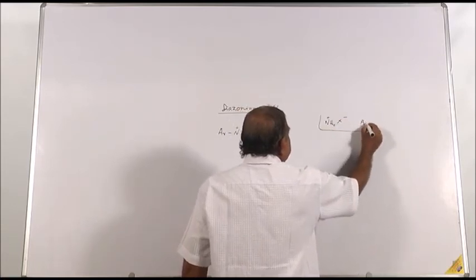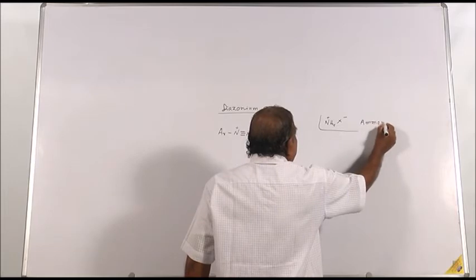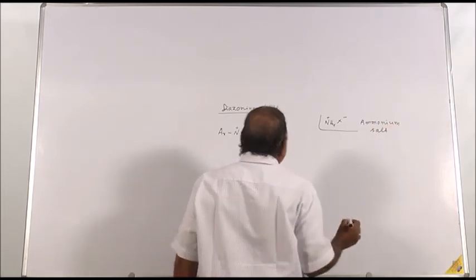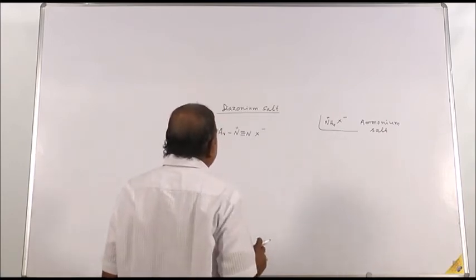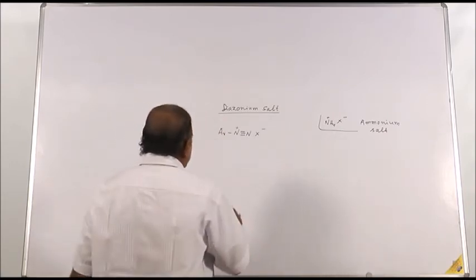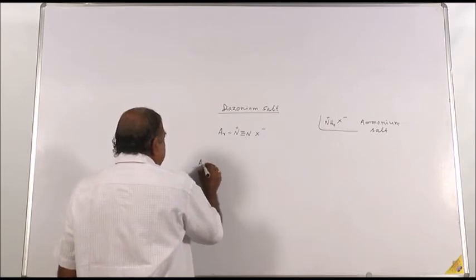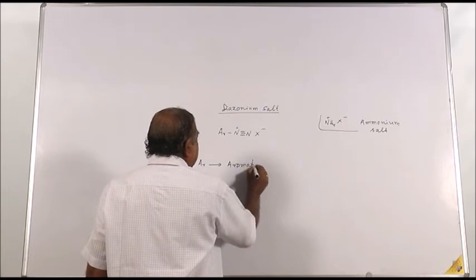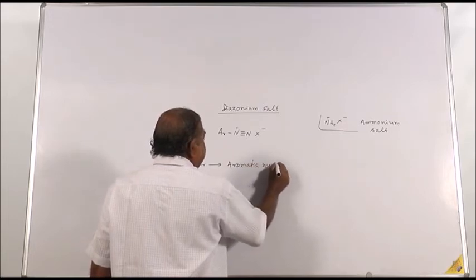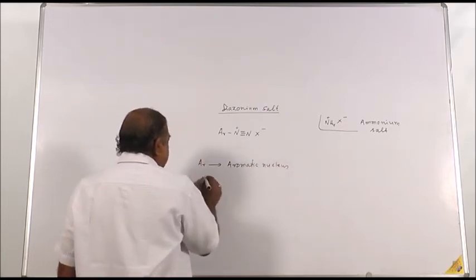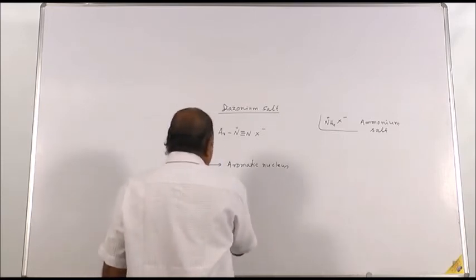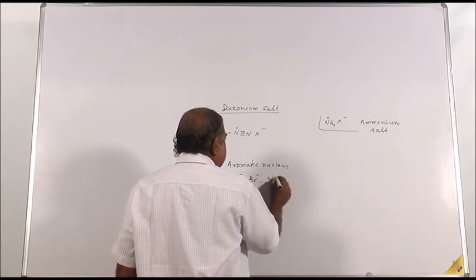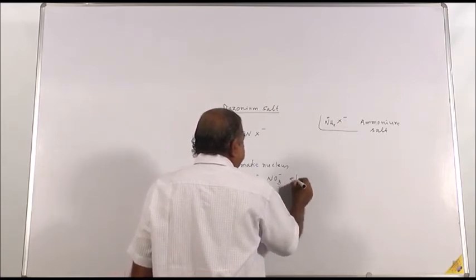This is your ammonium salt. It has similarity with the ammonium salt, therefore it is called a diazonium salt, where Ar stands for the aromatic nucleus and X minus may be Cl minus, Br minus, nitrate ion, etc.